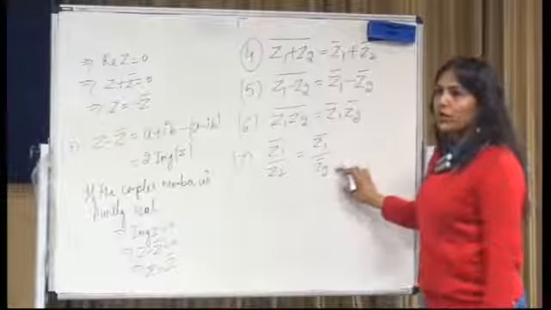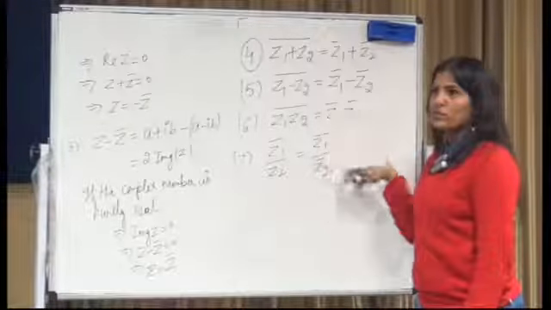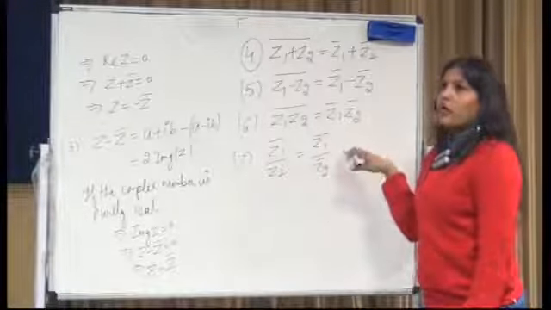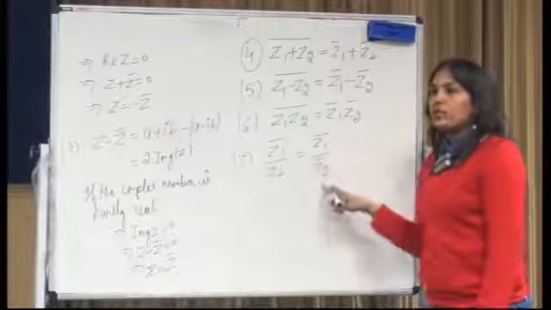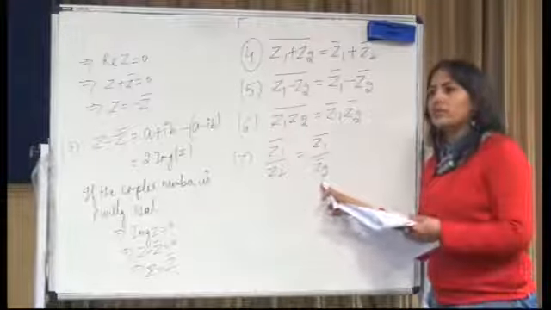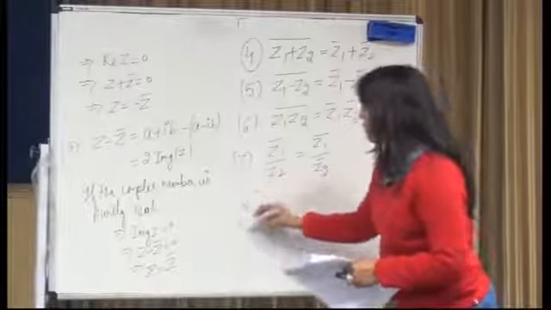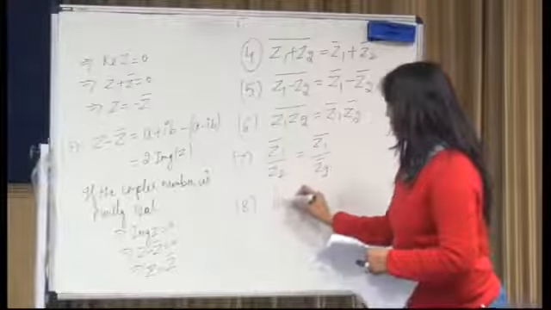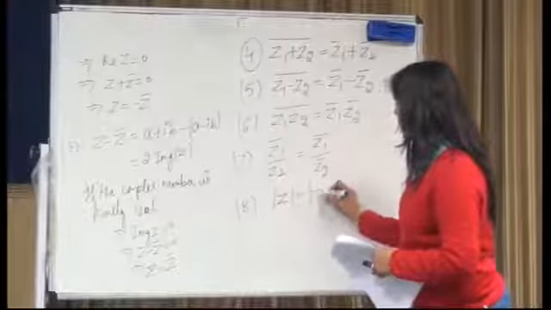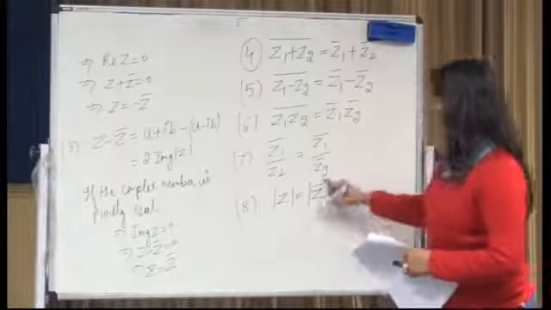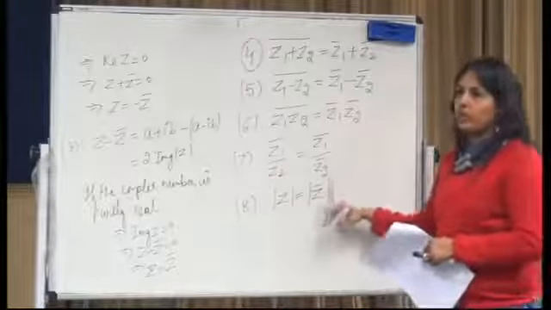And here you will not rationalize; you will use the conjugate to remove the iota from the denominator, if you get this type of question. And the last one is that mod z is always equal to mod of the conjugate.